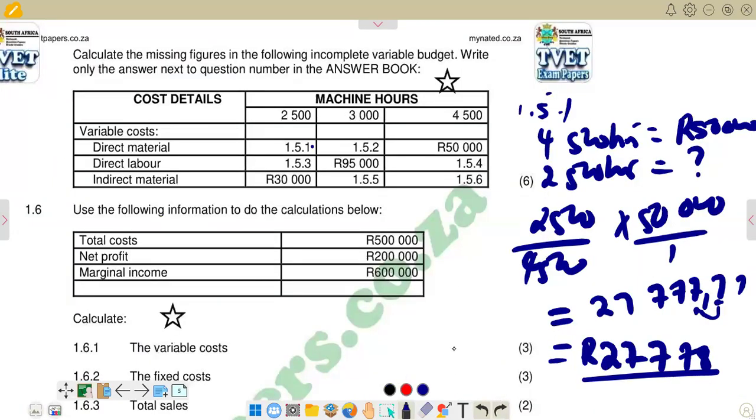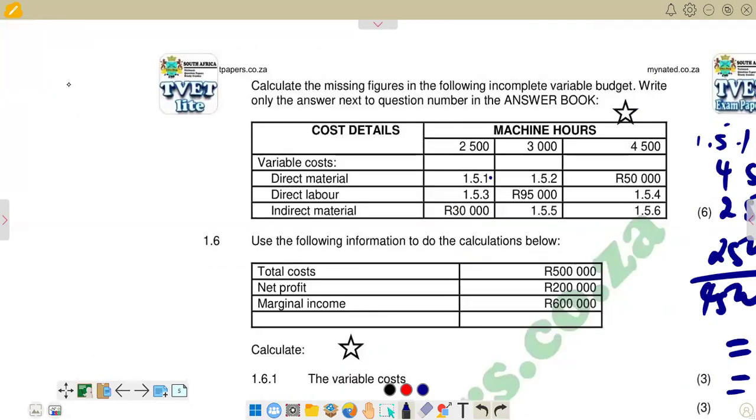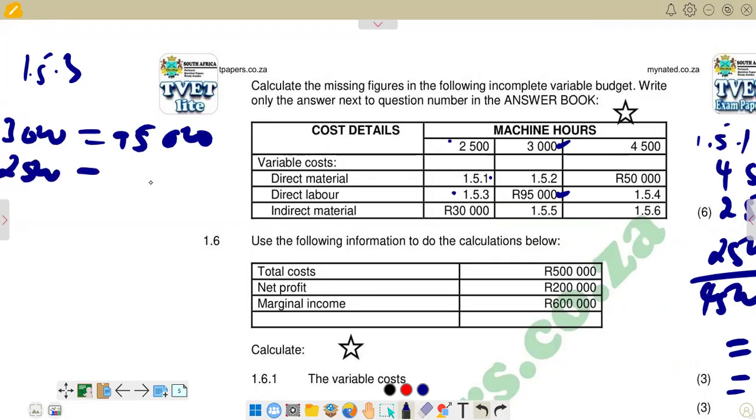Right. Let's try to see what we have there. We are now on 1.5.3. So this 3,000 is equal to 95,000. The figure that we want is here, 1.5.3. So we have 2,500 equals question mark.